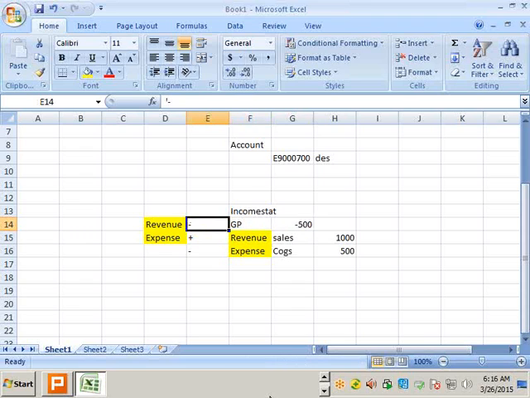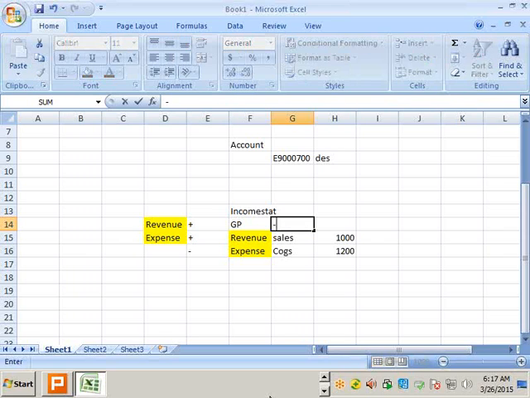Say for example, here itself I am giving as usual gross profit as plus, and here my amount is 1200 and cost of goods sold is 1400. What would be the value here? Sales minus cost of goods sold is 200. Here it shows minus 200.